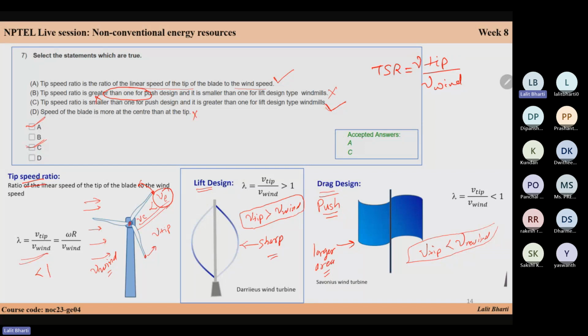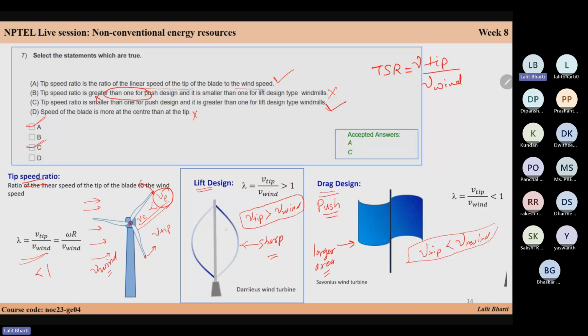It is not greater than 1 for push design. So statement B is not correct. But for lift design, where your blades are very sharp, it can be more than 1. But in the drag case, it is always less than 1.